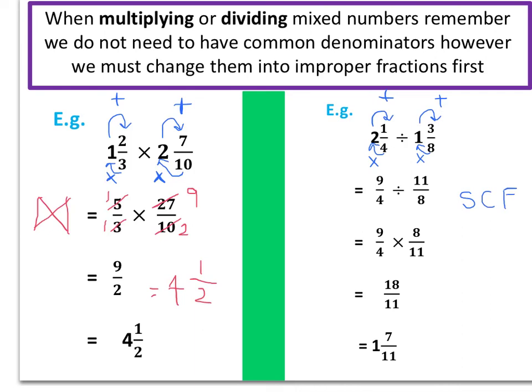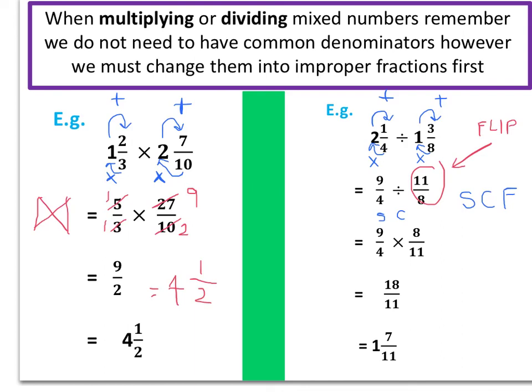So remember, we keep our first fraction the same. We change the sign from a division to a multiplication, and we flip our second fraction. So now our equation reads 9/4 times 8/11.